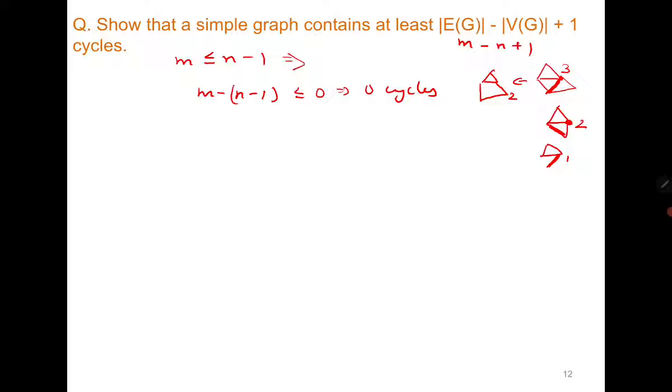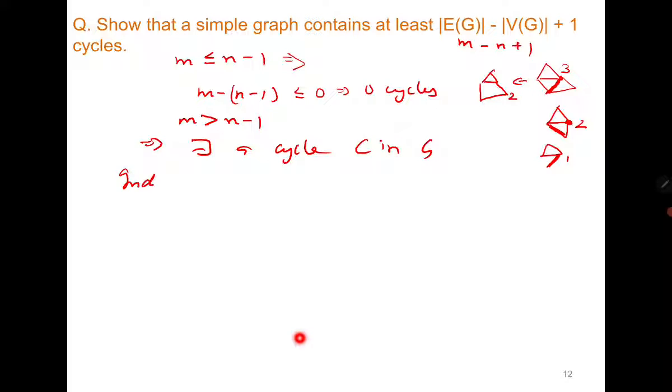So this result is trivial. So assume that m is greater than n minus 1. It means there exists a cycle C in graph G. It guarantees, because now it's not a tree, so there exists a cycle.